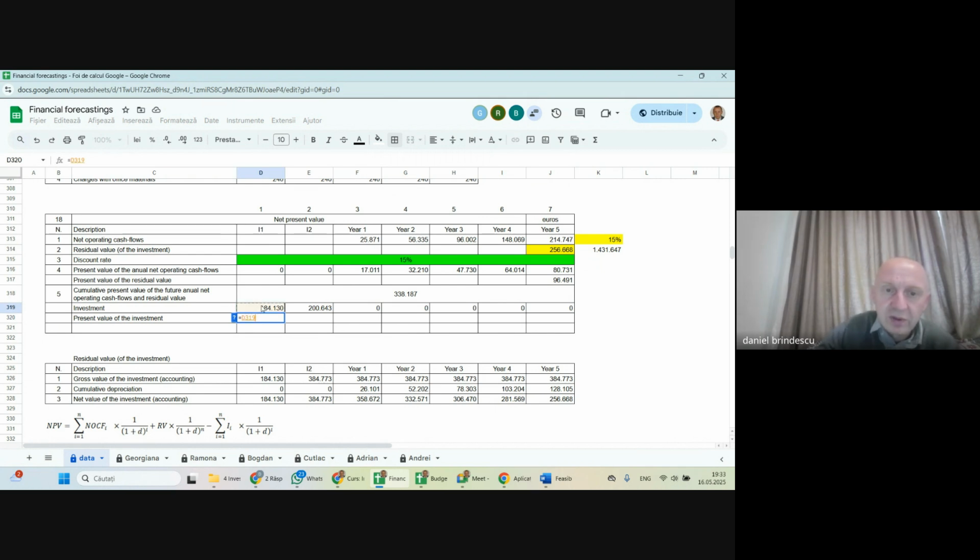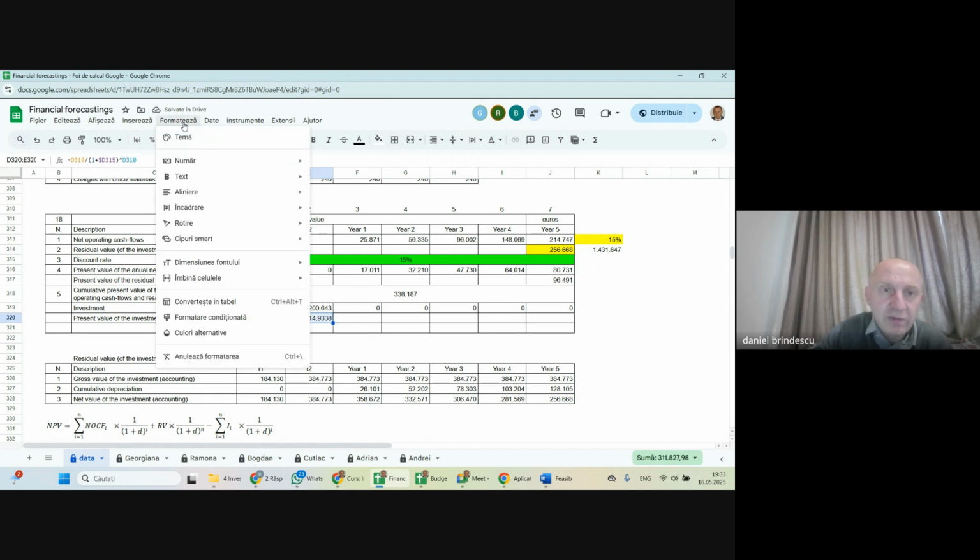So it's the payment over 1 plus the rate of discount at the power of 1. This is for the second year of investments.